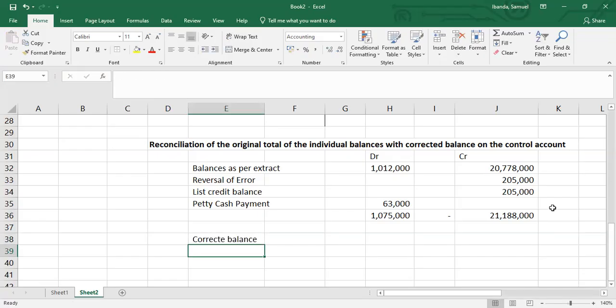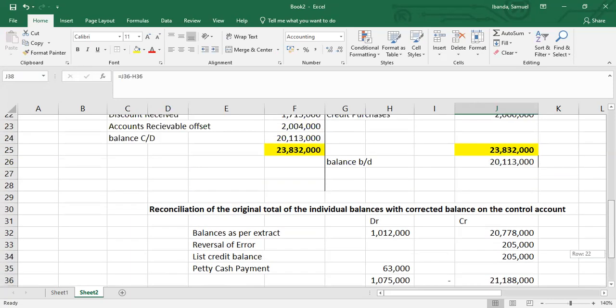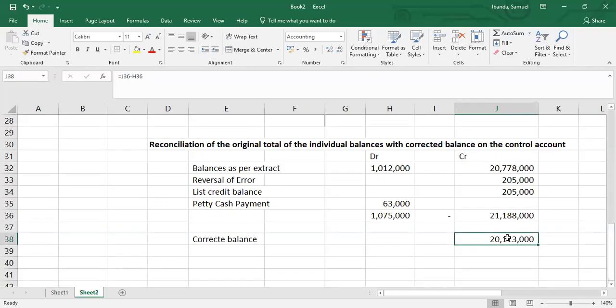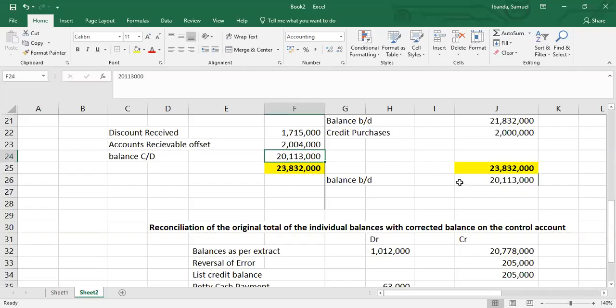If we want to get the net balance, basically what we are going to do is get this, get that, and then less the debit balance. We basically get the credit side and less the debit balance. So as you can see, this 20,113 is now reconciling with what we got as our balance here, okay, on the credit side.